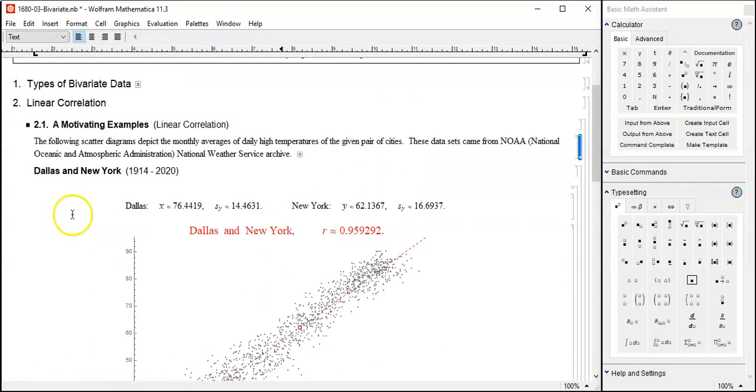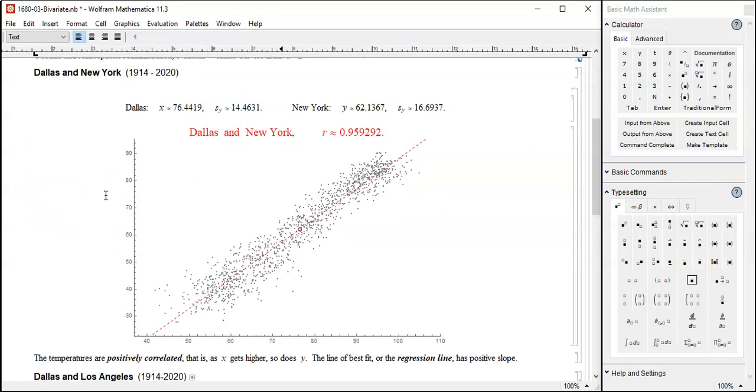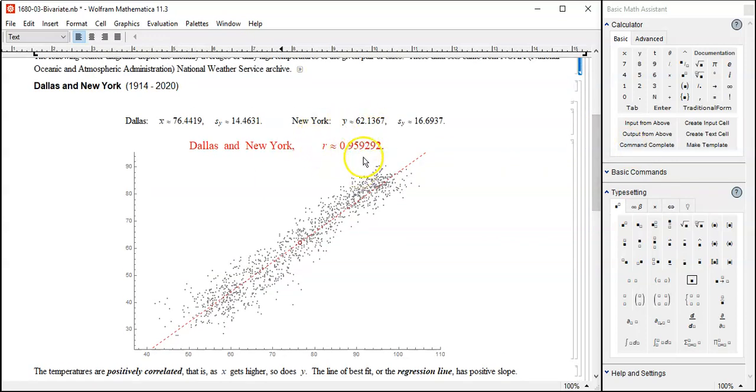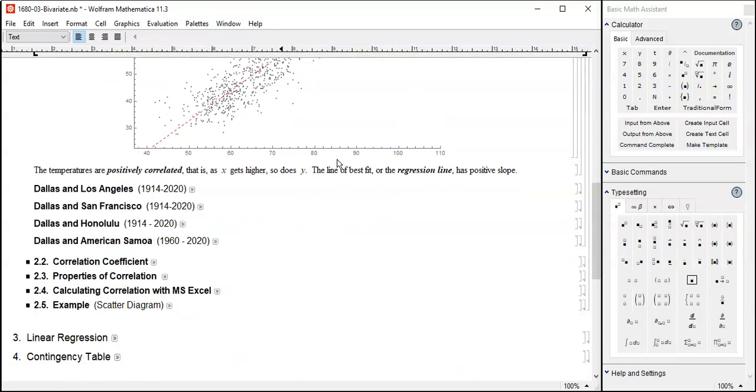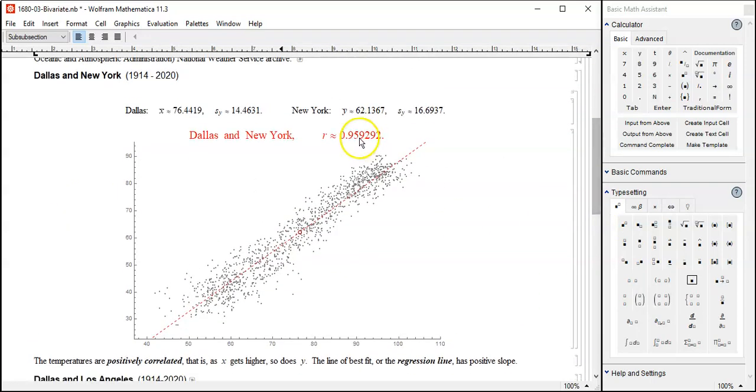So the high temperatures of Dallas and New York are positively correlated. And that's measured by this quantity here, R, which we call the correlation coefficient. We're going to talk in a little more detail about this in the next subsection.